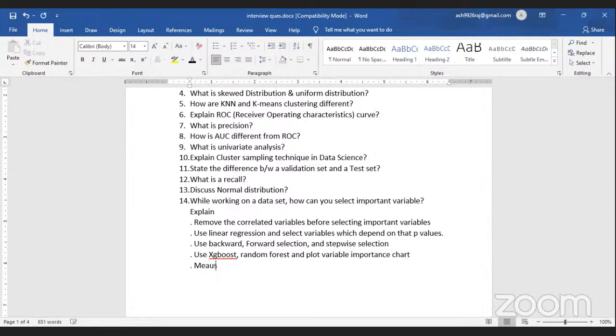And the last is to measure information gain for the given set of features and select the top n features.